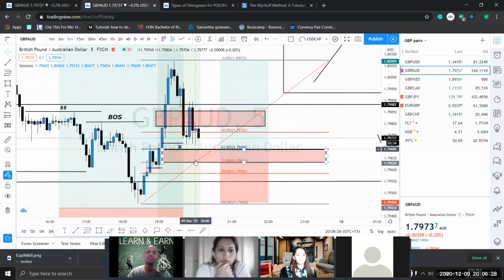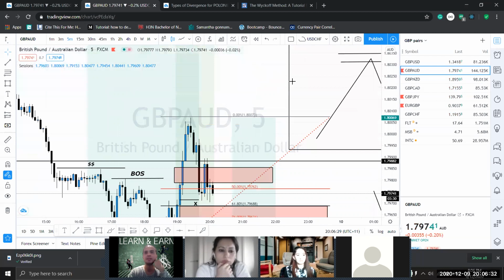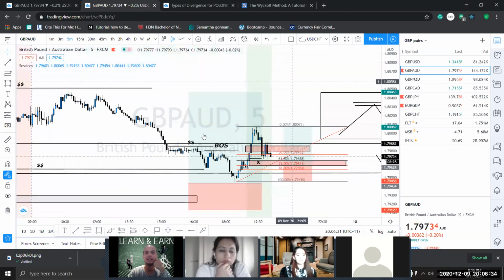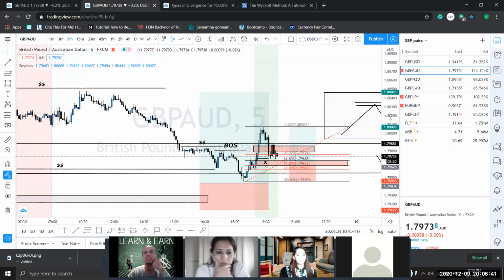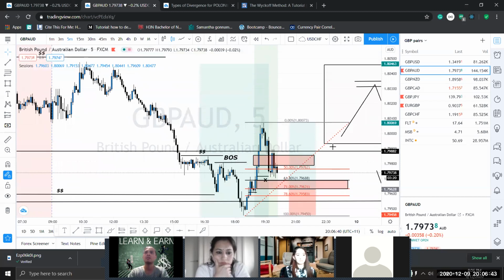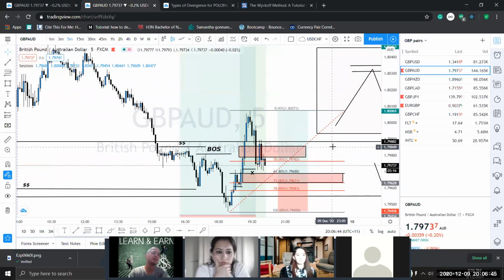When the market comes down to 71%, try to buy it for 100 pips, because GBP pairs will move 100 pips. The initial move was expected to be 100 pips because this was an equal high. That's my target, and I'm one pip away from getting my stop loss hit, and still it's holding up.